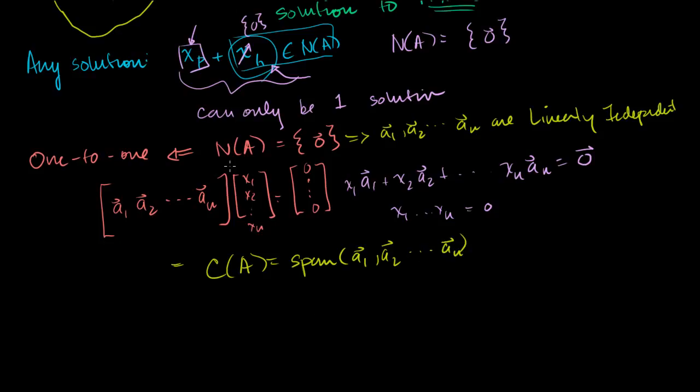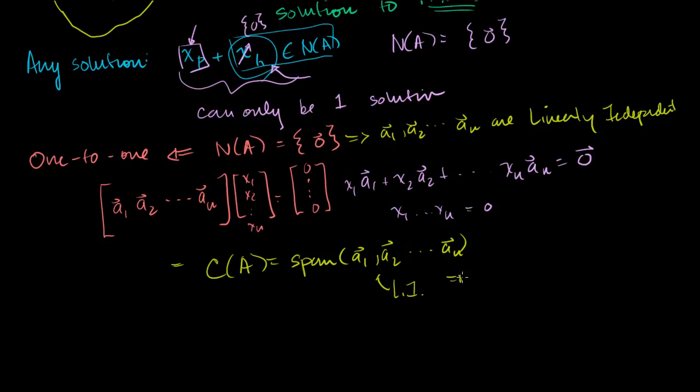Well, we just said that the condition to be one-to-one is that your null space has to be 0, or only contain the 0 vector. If your null space contains only the 0 vector, then all of your columns are linearly independent. If all of these columns span your column space, and they're linearly independent, then they form a basis.